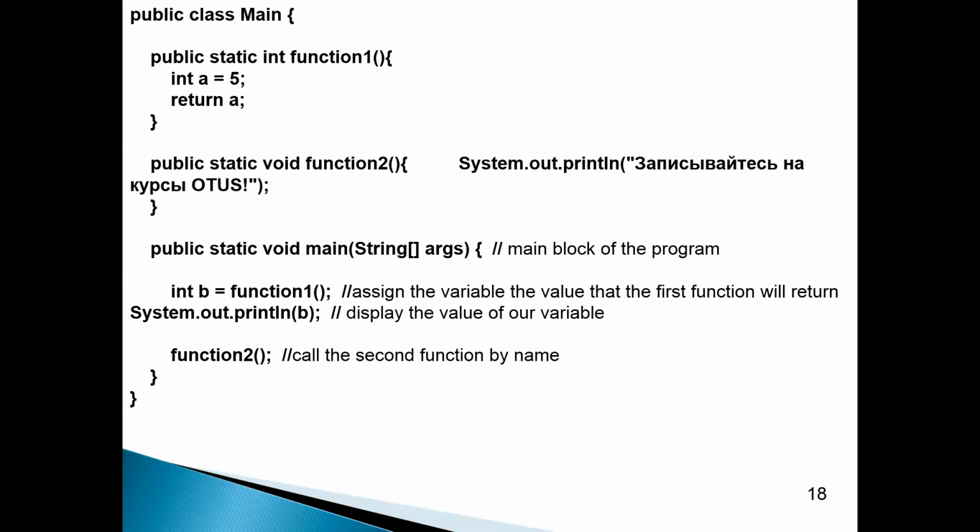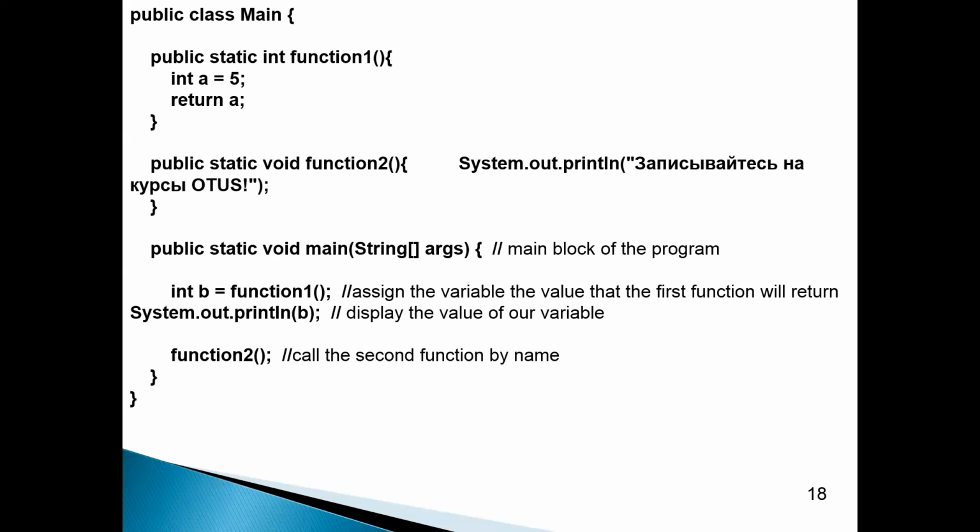Please look carefully at this programming code. You can see the statement "sign up for our Java courses". Main block of the program. Next, assign the variable the value that the first function will return.